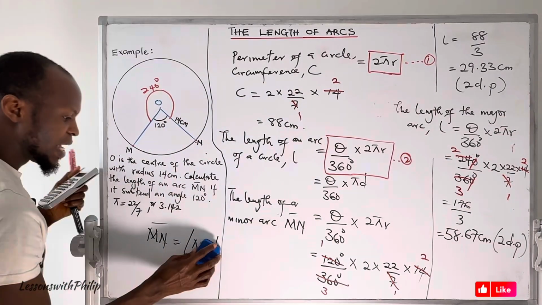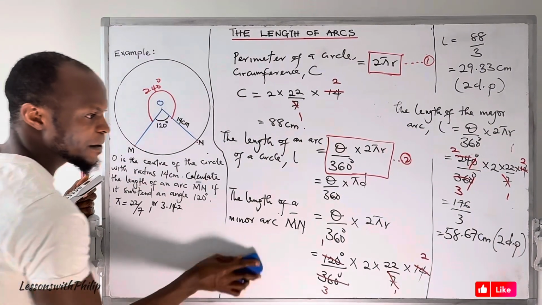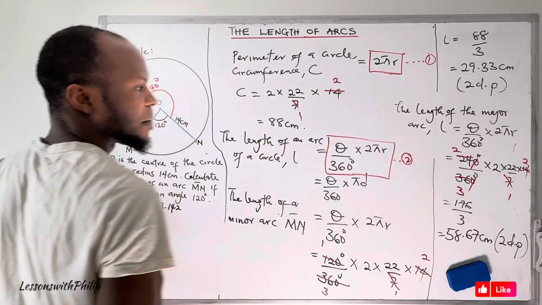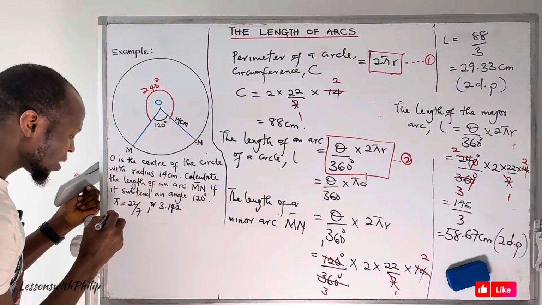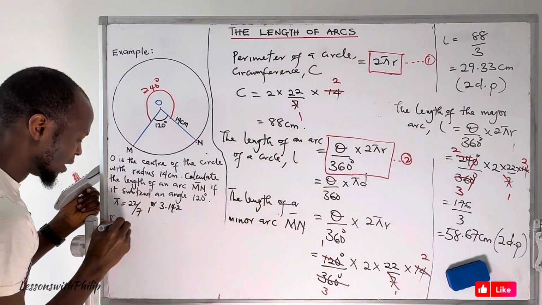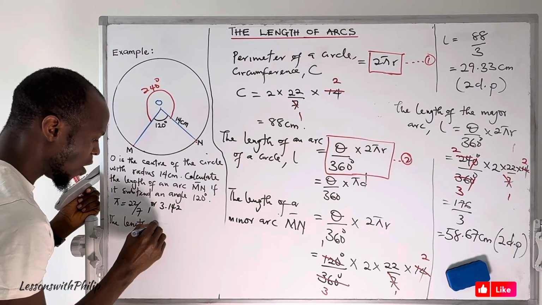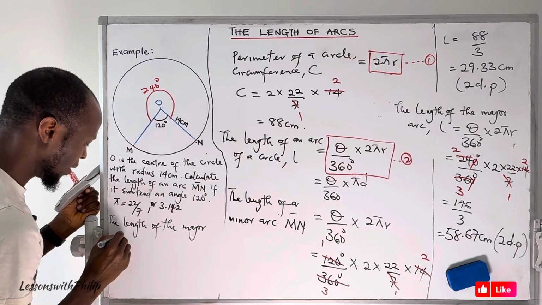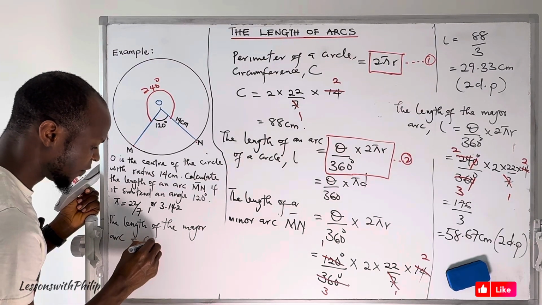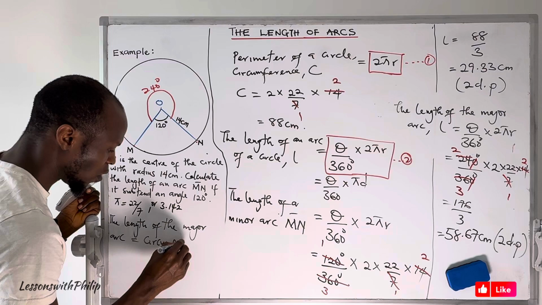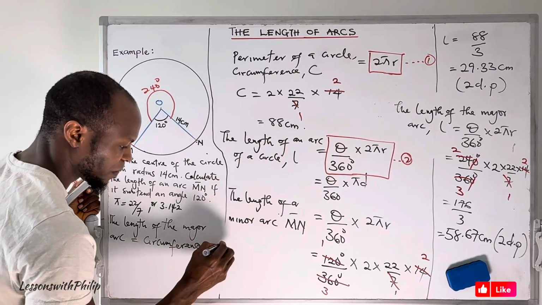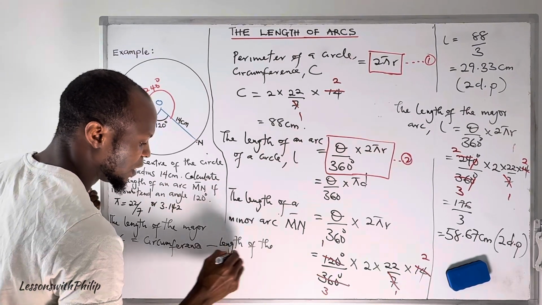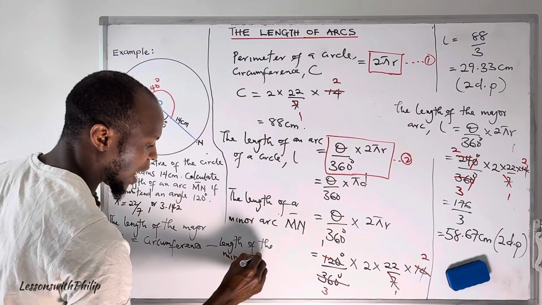But in another way, since I've calculated the minor arc, which is 29.33, I just want to prove it out. The length of the major arc can be equal to the circumference or perimeter of the circle minus the length of the minor arc.